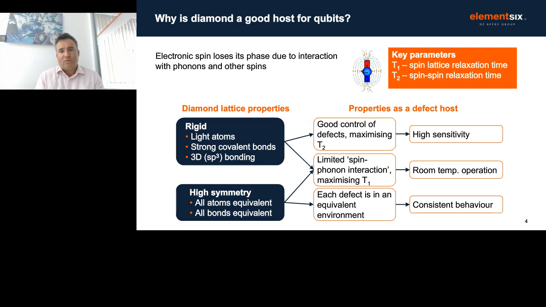As a consequence of that, your quantum spin is pretty isolated from the environment. And that means, in principle, you might expect very desirable properties, even at room temperature, without having to freeze out those dephasing mechanisms like many other competing materials have to do. The high symmetry of the diamond lattice, all atoms equivalent, a nice cubic lattice, means you've got consistent, reproducible behavior.